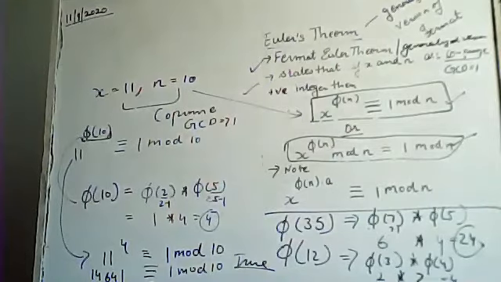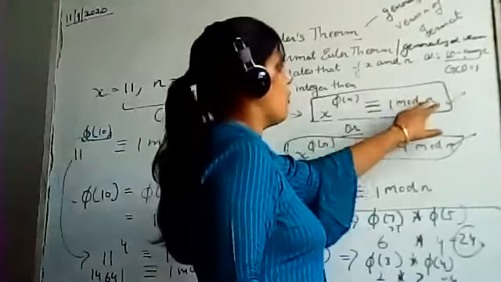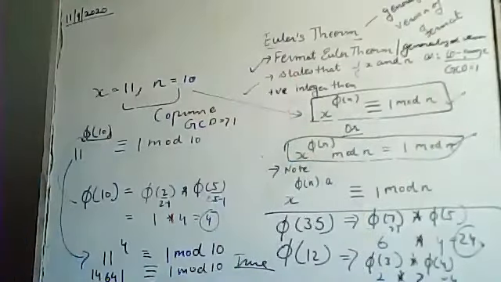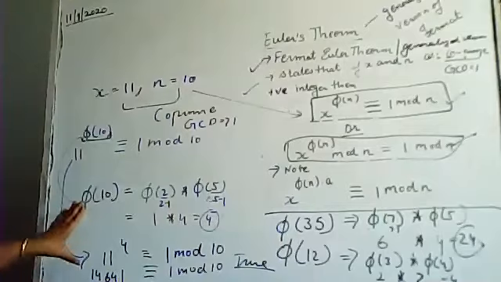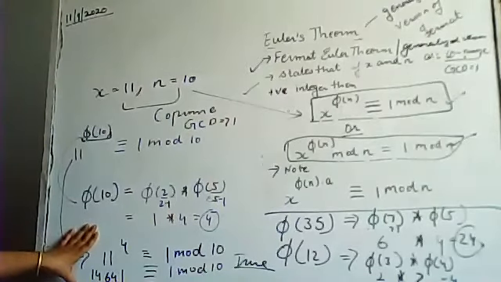So we can represent this as follows: it states that if x and n are co-prime, that means if we have a GCD value of 1, then for that positive integer, x raised to phi n will be congruent to 1 mod n. So this is what we need to prove in this Euler theorem.